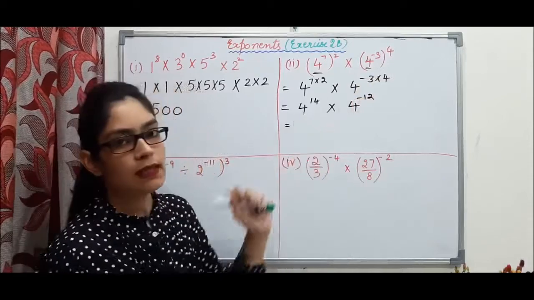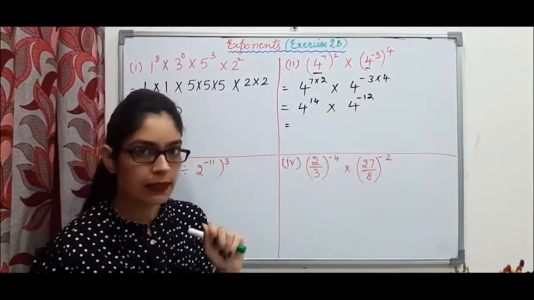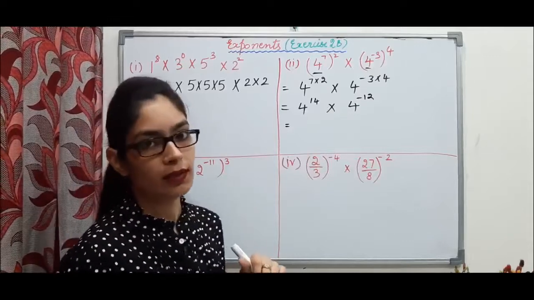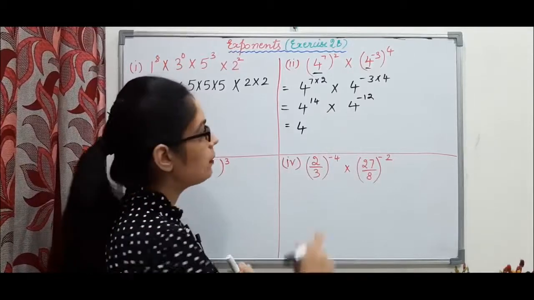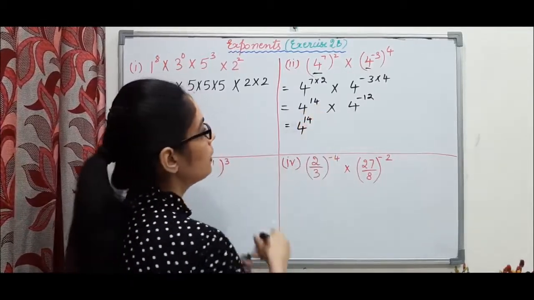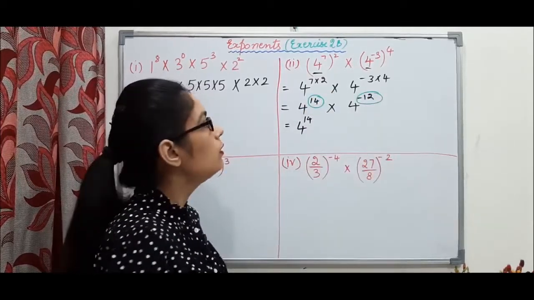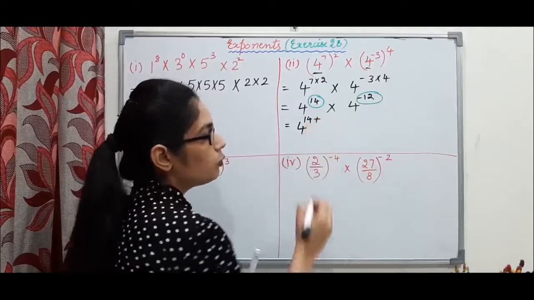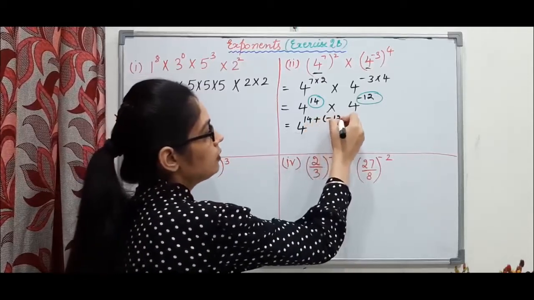Now our bases are the same. When bases are the same and the numbers are getting multiplied, we can use the product rule, where we write the base a single time and add the powers, which are 14 and minus 12. These 2 powers as they are we write along with the sign. So 14 plus minus 12.